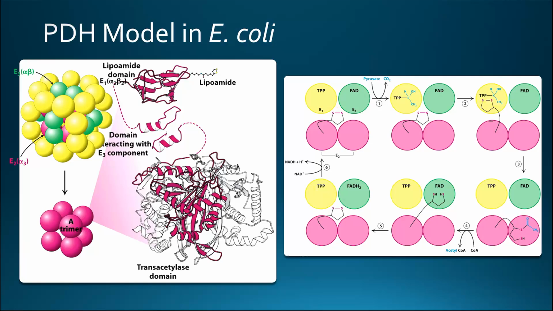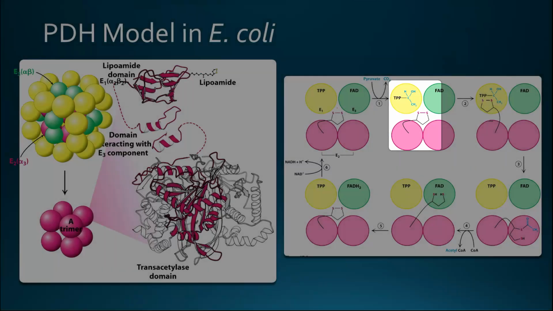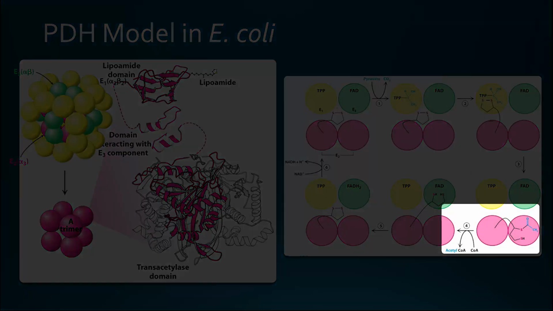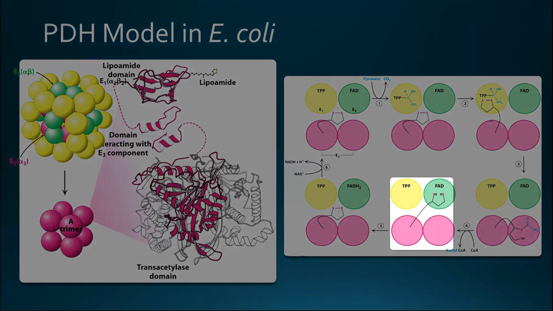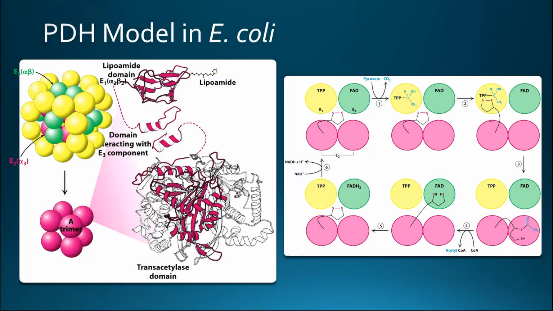So that needs to react at E1 when the hydroxyethyl group is being transferred onto it, and needs to react with E2 as that acetyl group is transferring to coenzyme A, and then it needs to react with E3 as the lipoyl lysine is reoxidized. So that linker arm needs to be able to move around to the active sites in each of the other subunits of the pyruvate dehydrogenase complex.